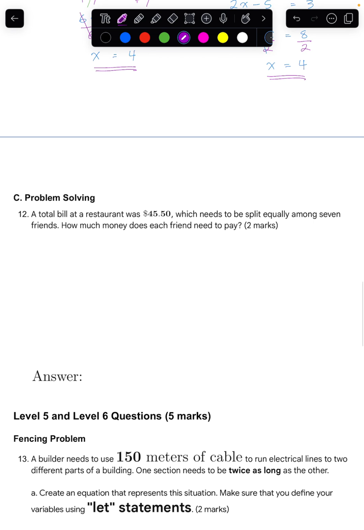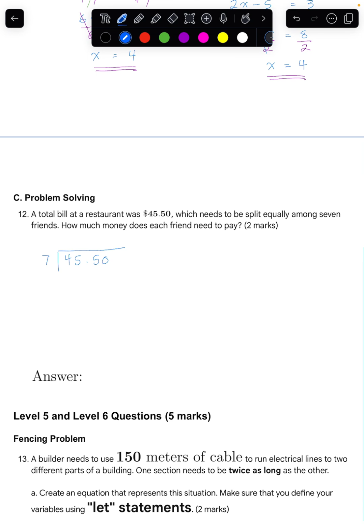We'd break it up in 7. So we do need to be able to divide this decimal. So let's do that. $45.50 divided by 7. We can write it out like that.